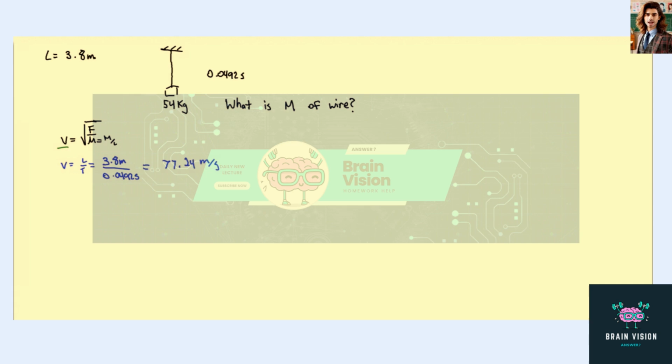All right, now let's real quick write this in a different form. In terms of mu, I can write mu is equal to F over V squared after some algebraic manipulation, and plug in what we know for the tension.